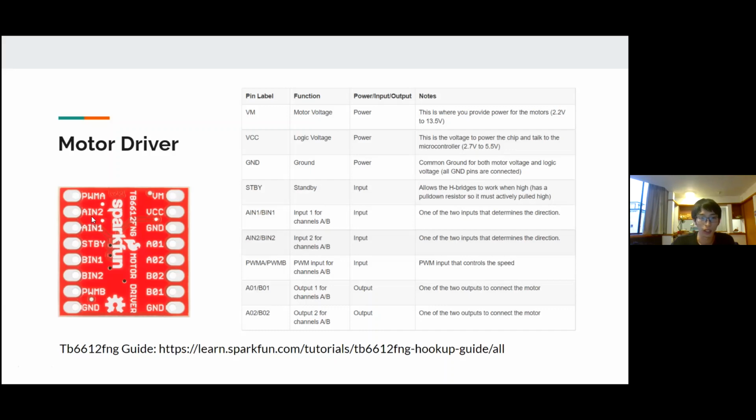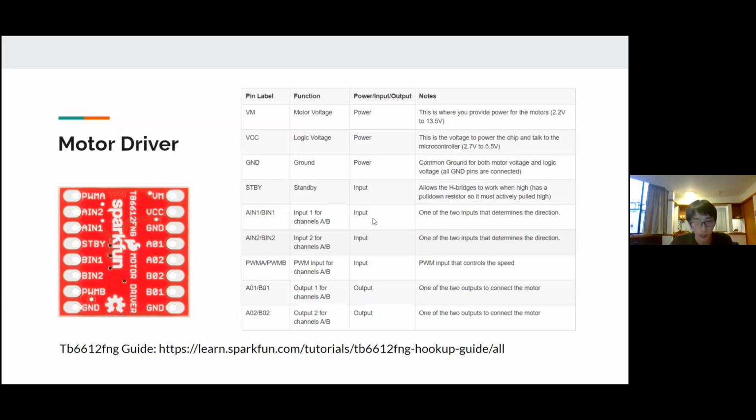And if you change it from A in 2 being high and A in 1 being low to the other way around, it reverses the direction. So it reverses the voltage here, and that means your motor will be spinning in the opposite direction.